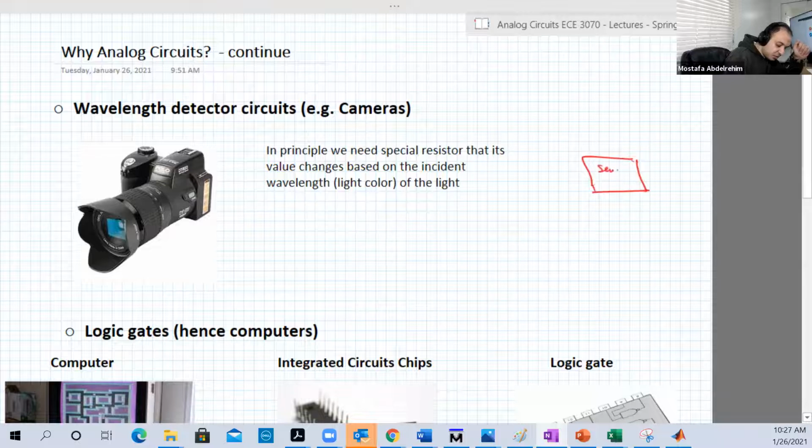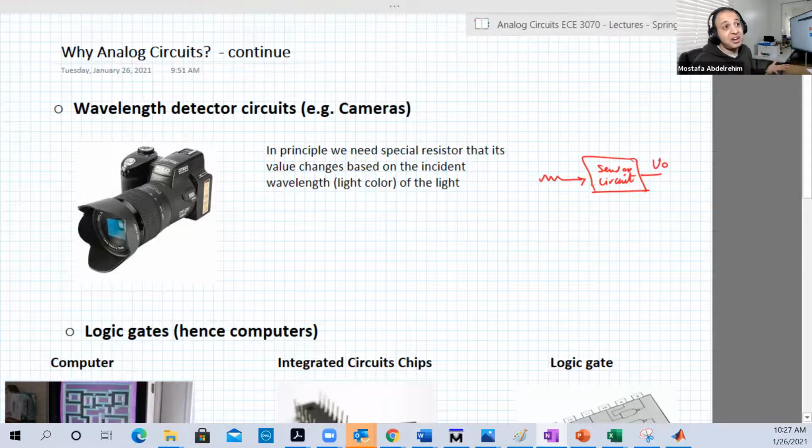Let's say it's an electrical device. So here is a sensor circuit. It's a circuit. We're studying circuits in that course, but with different devices. And here is the incident light, and here's some output. Of course, this is an electrical signal, so it should have something electrical.